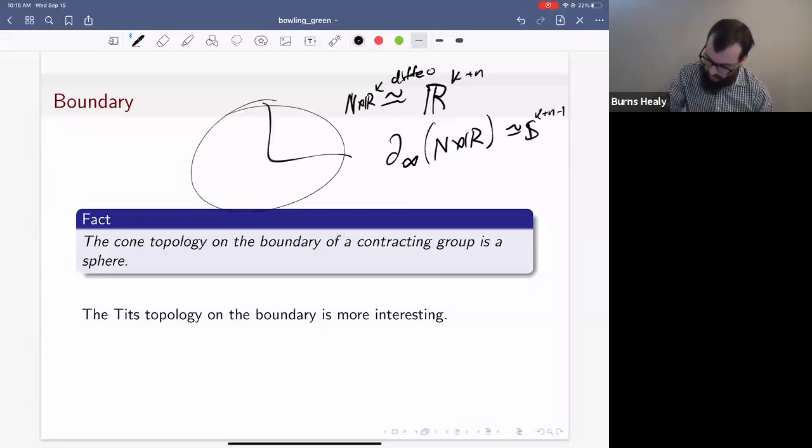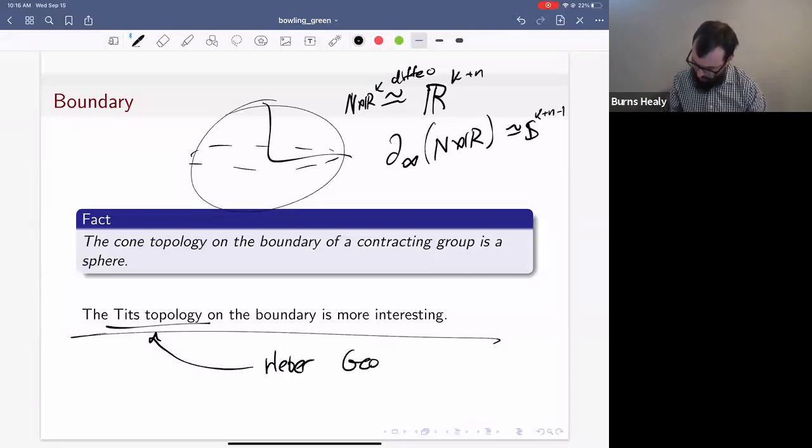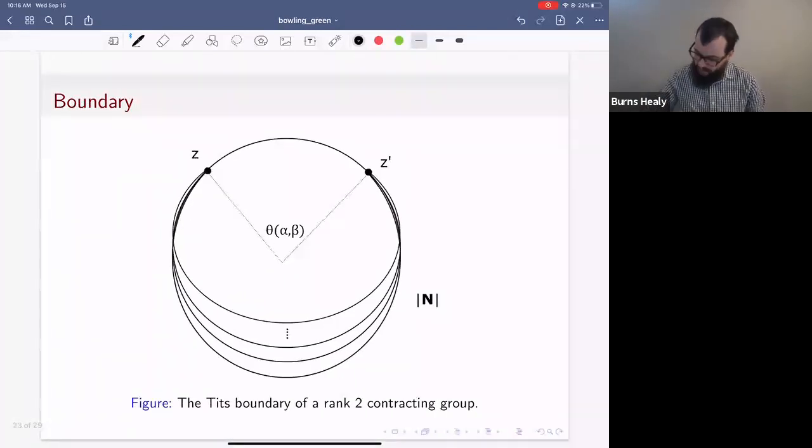Okay, so that's the less interesting case. What's more interesting for our purposes is the Tits topology. The Tits topology is described very well in a paper by Heber called Geometric Rank, et cetera, et cetera. He does a lot of work on spaces that look like this based on their Tits topology. But here's an example. This is a specific group where I look at R^2 semidirect R^2.